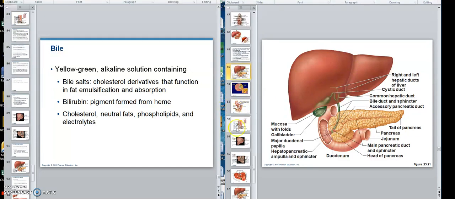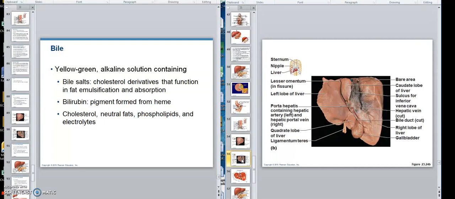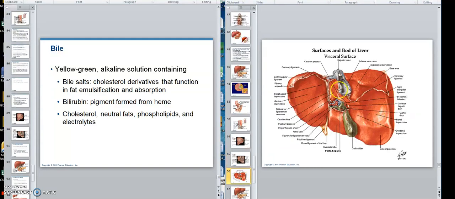Now I'm going to go to the underside. Remember I said the liver had 4 lobes. So here's that falciform ligament, which holds the liver to the diaphragm and so forth. But I want to go to the underside of the liver. Let's use a drawing. Here would be the left lobe, the right lobe, and we had 4: the quadrate and the caudate. 4, but 2 main ones.